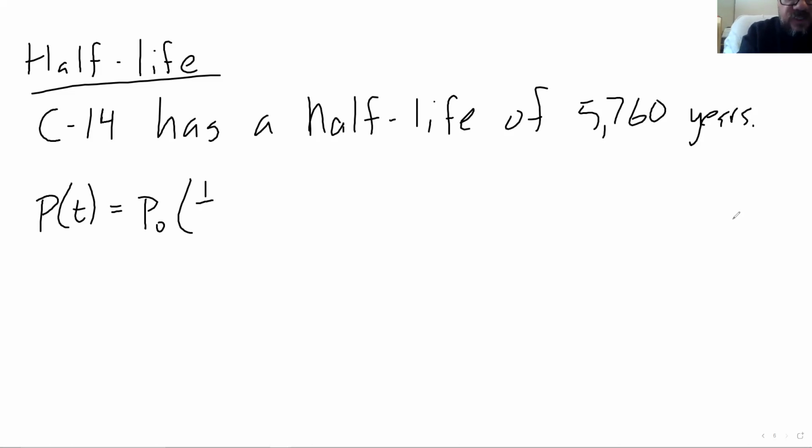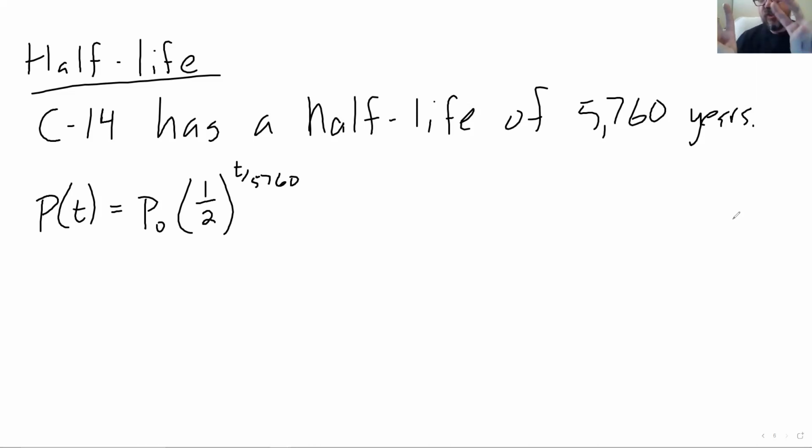So every 5,760 years, we are multiplying by another copy of a half. Now, we don't want to do this every year, so I don't want to do just t here, right? If I put t here, then I'm saying that I multiply by a half every year, but I don't want to do that. I want to multiply by a half every 5,760 years. I'm going to do this, 5760, like that.